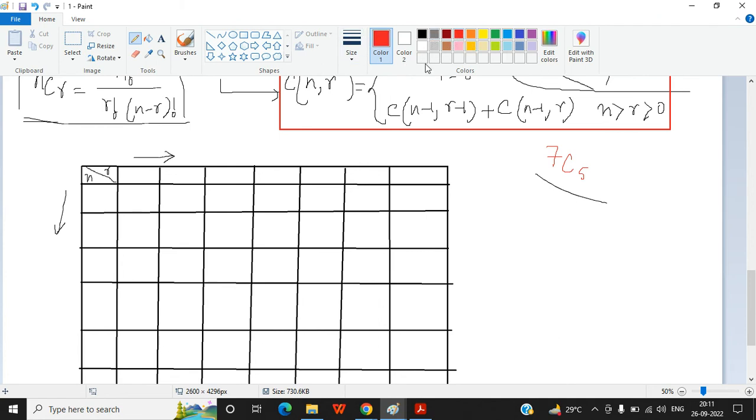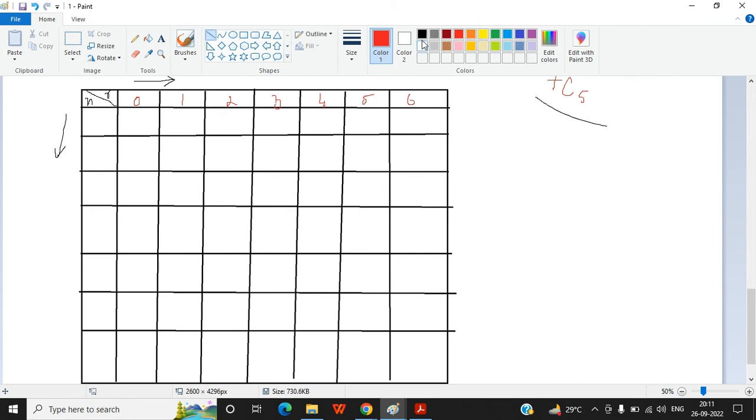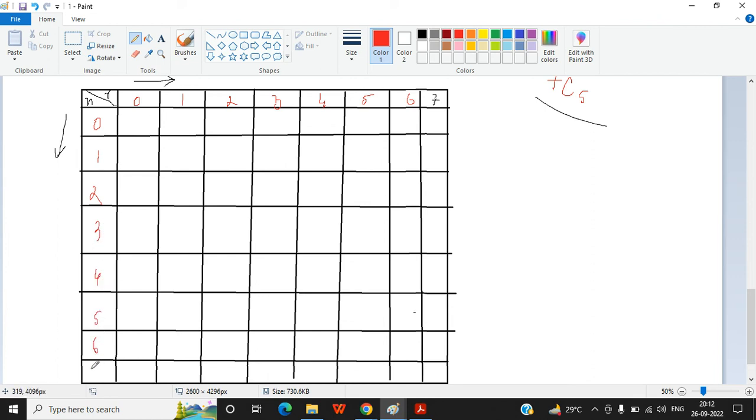Put all the values starting from 0: 0, 1, 2, 3, 4, 5, 6, 7. Here also similarly, 0 to 7. Up to this is clear?